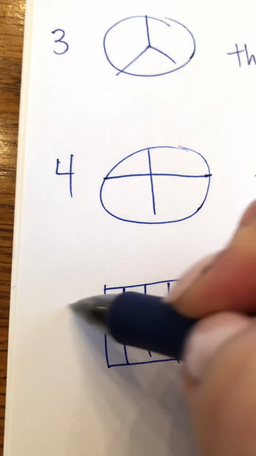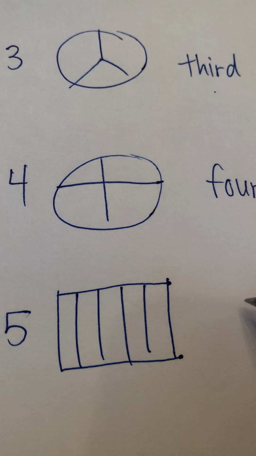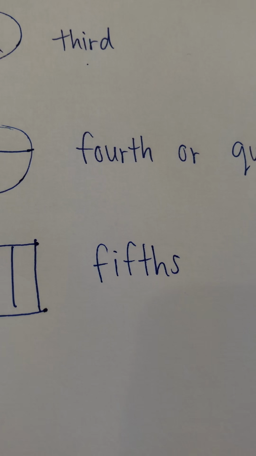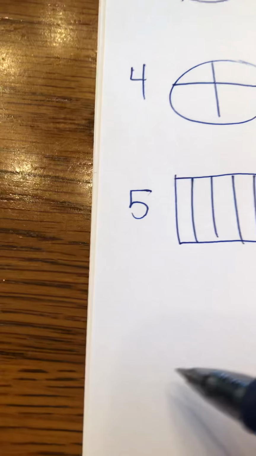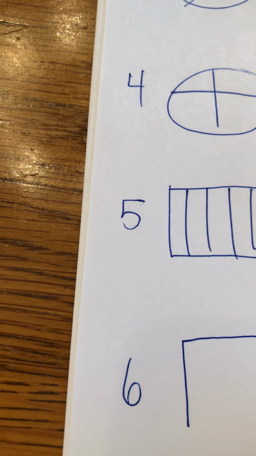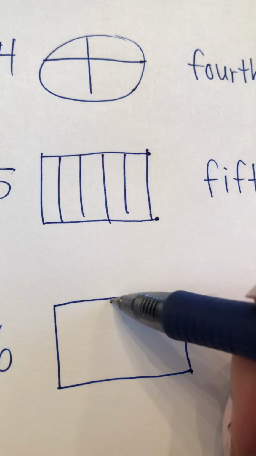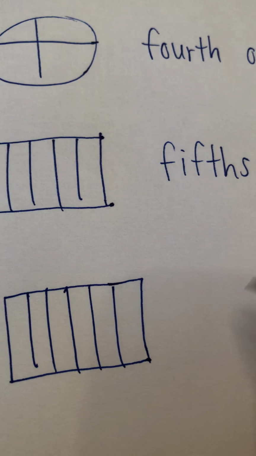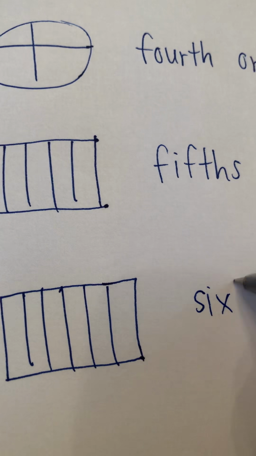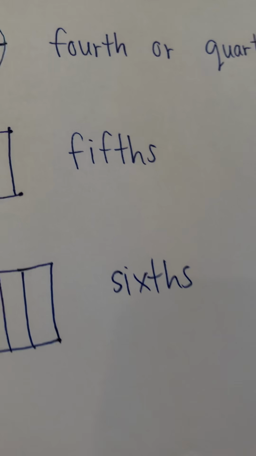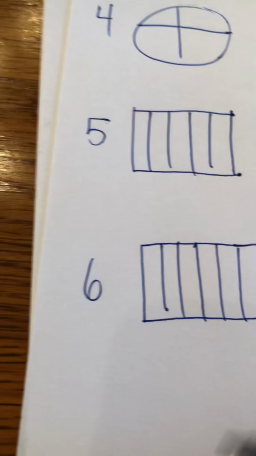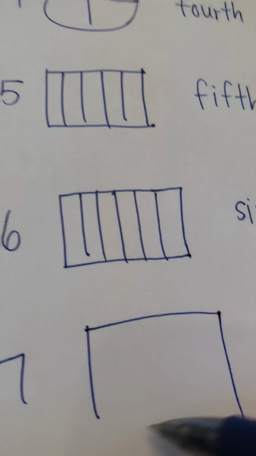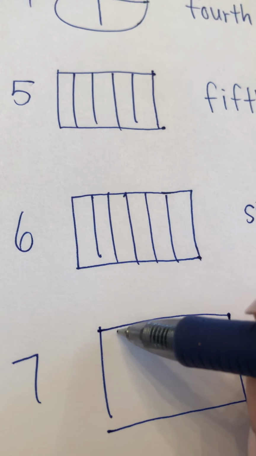So if I had a pizza that was cut into 5 parts, we would call those parts fifths. If I had a pizza cut into 6 equal parts, we would call them sixths. Each part would be a sixth. Okay? If I had a pizza cut into 7, see if I can do this.